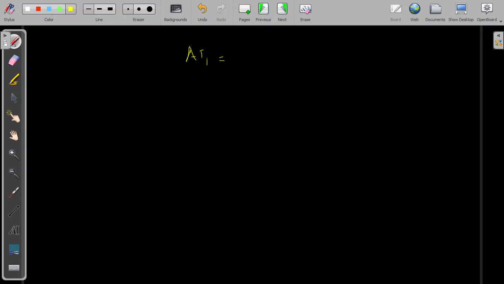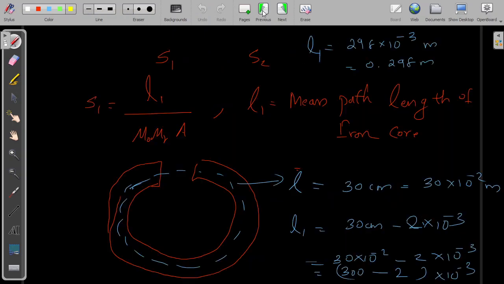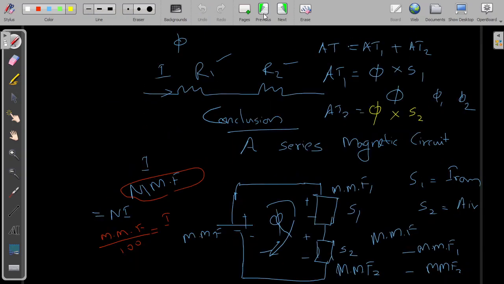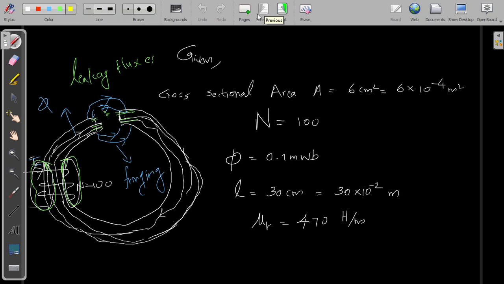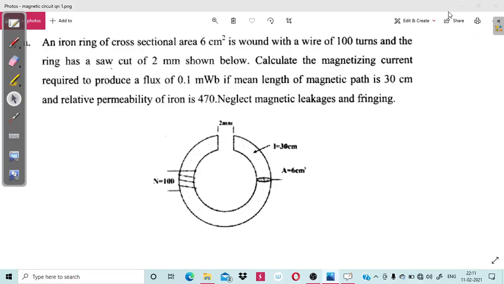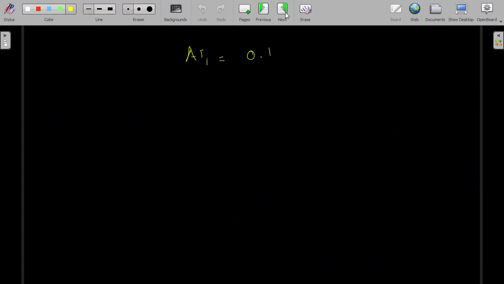Phi is given as 0.1 milliweber, so AT1 equal to 0.1 into 10 power minus 3 weber into S1.